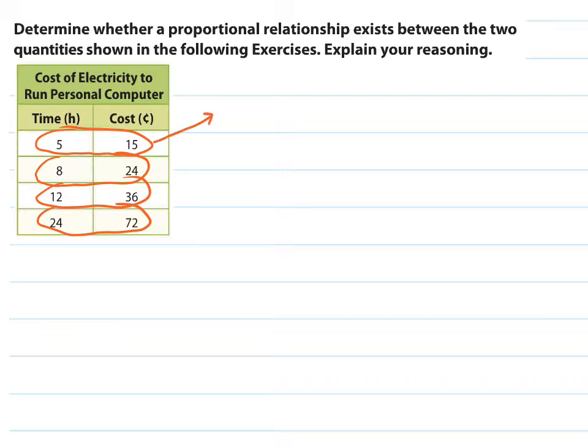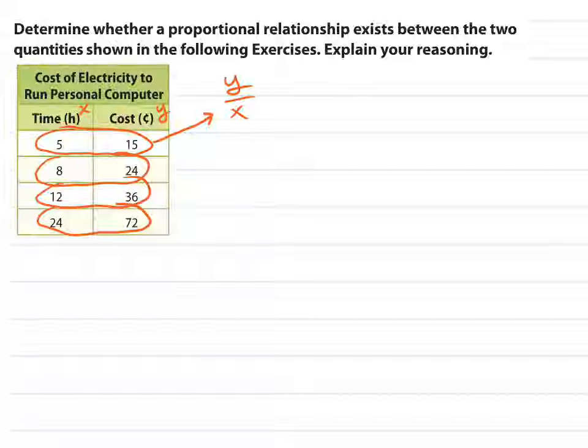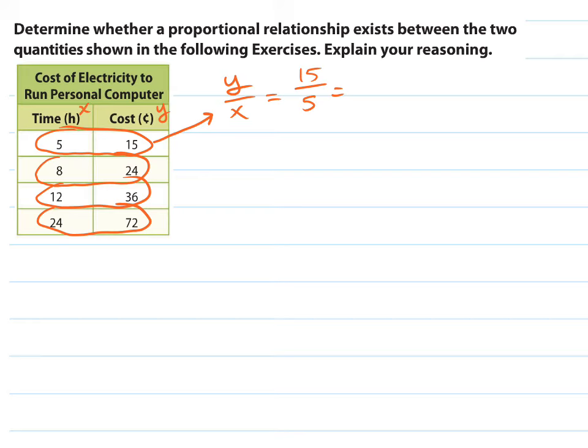And if they all equal the same, then it's proportional. So my time is going to be my X, my cost is my Y. We're still going to do Y over X. So for the time of 5, my cost is 15, or it's $3 per hour.